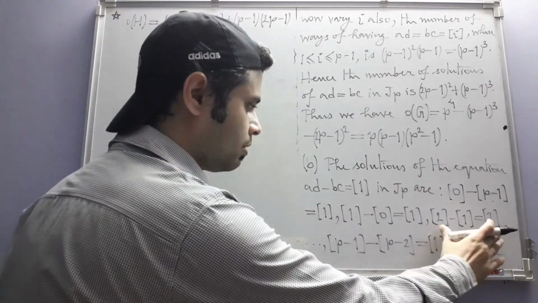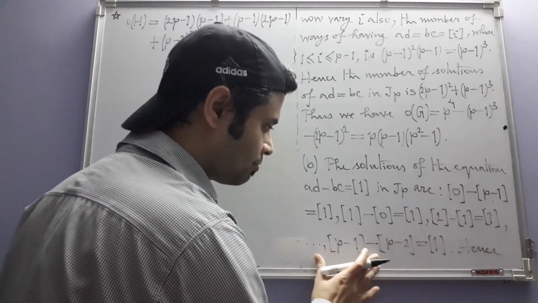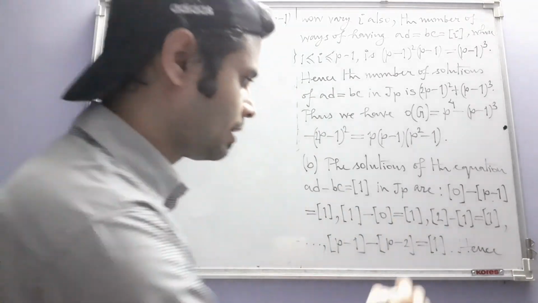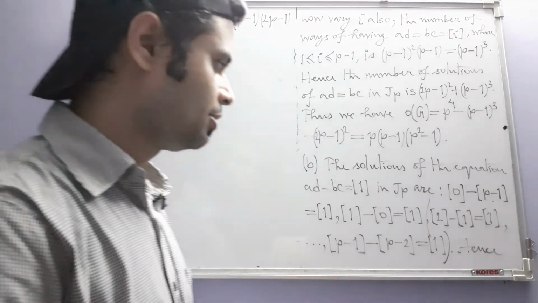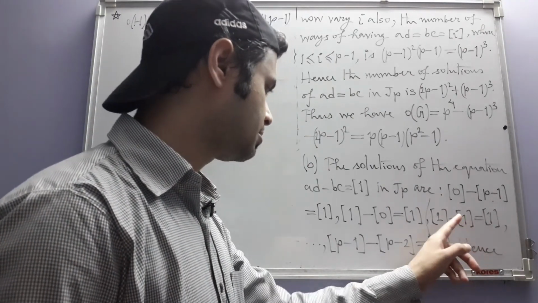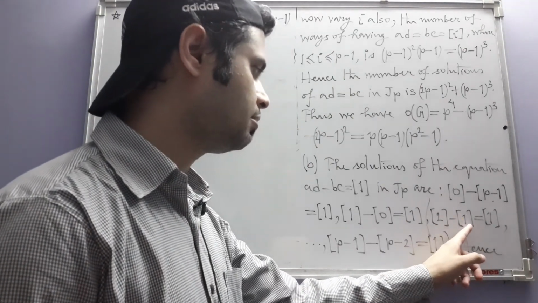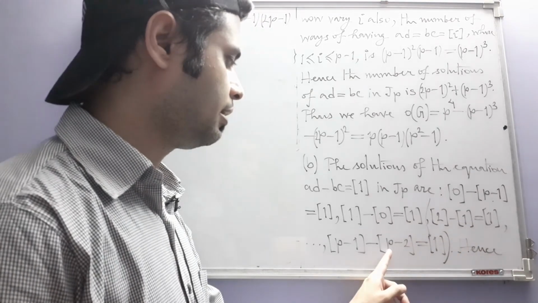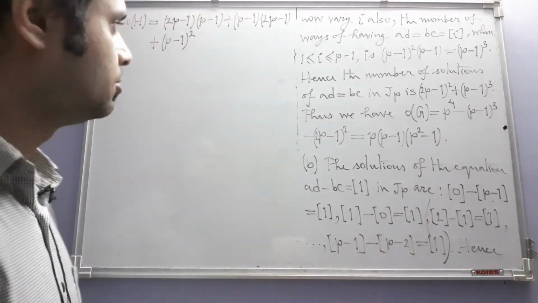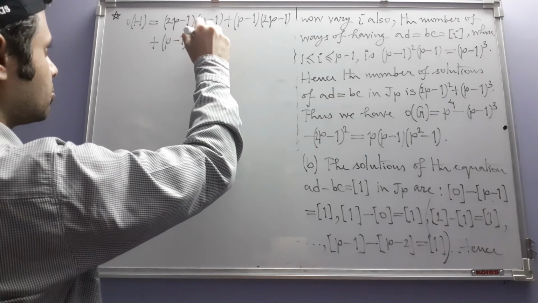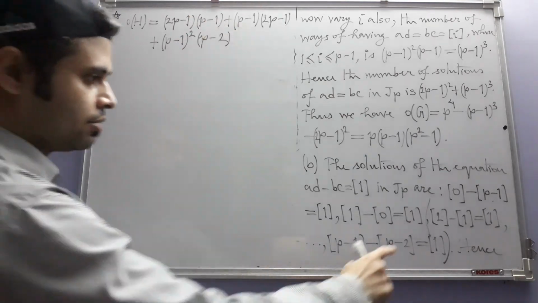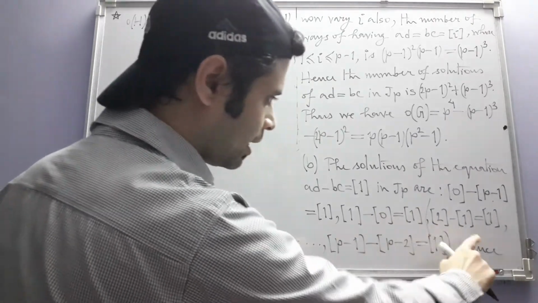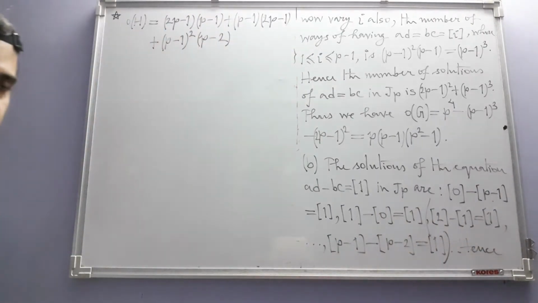But now let's look at the number of equations that we are having from here to this. If we count by this second thing, then starting from 1 and ending at p minus 2, so we have p minus 2 number of equations in this part where 0 does not appear.